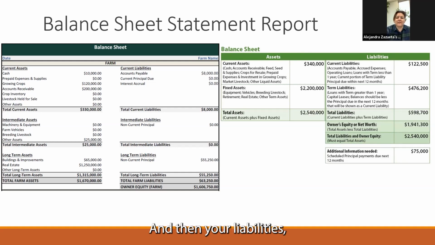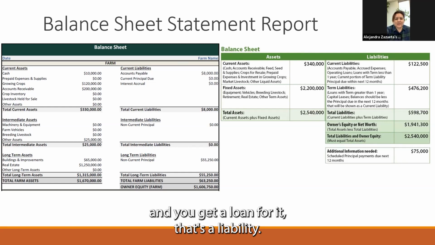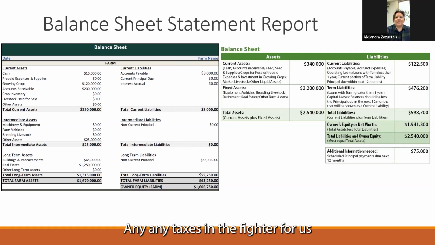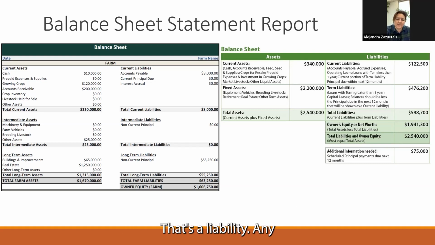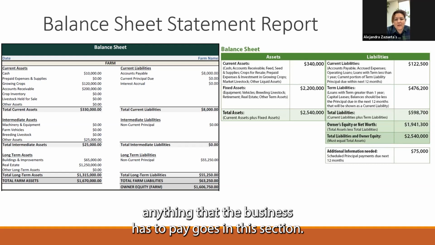And then your liabilities: if you go buy a Ford 150 or 350 and you get a loan for it, that's a liability. Any taxes, any FICA, any employee taxes that we have to pay, that's a liability. Any loans, anything that the business has to pay goes in this section.